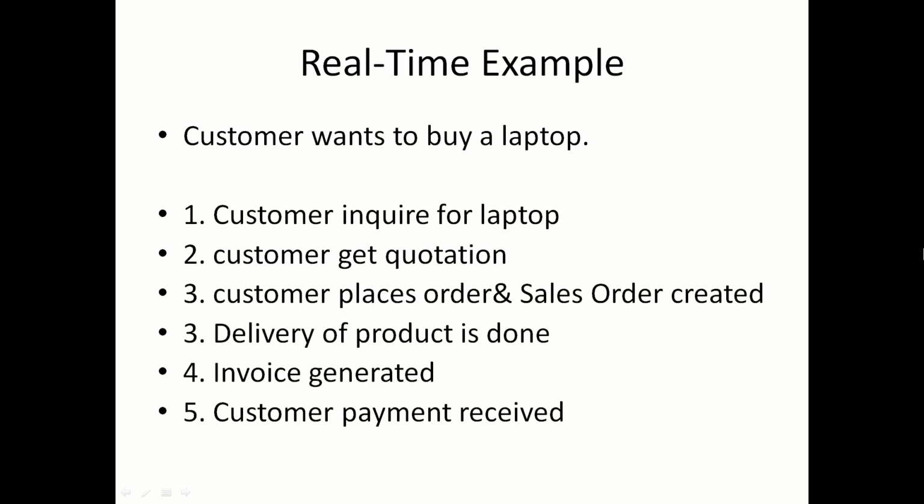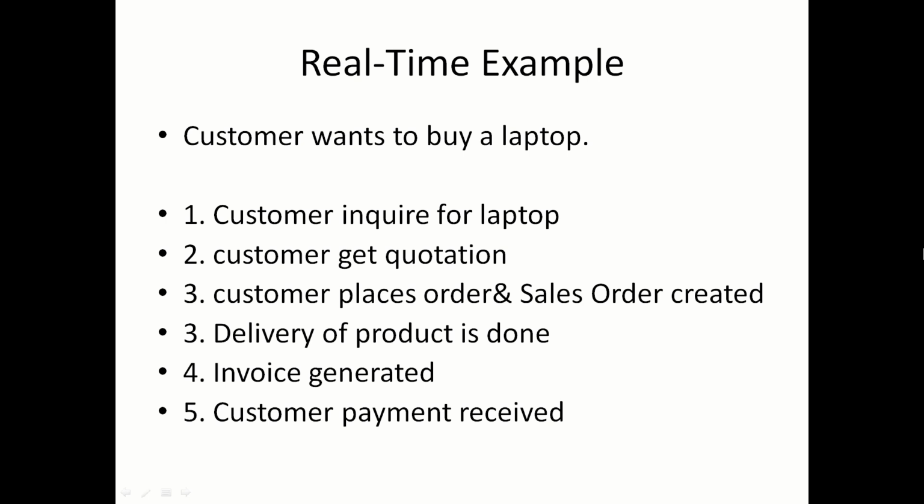Let us understand with a simple example. Suppose a customer wants to buy a laptop from the company. First, he inquires about the laptop, that is the product. Next, he asks for the quotation, which mentions the product price, the validity and the product name.